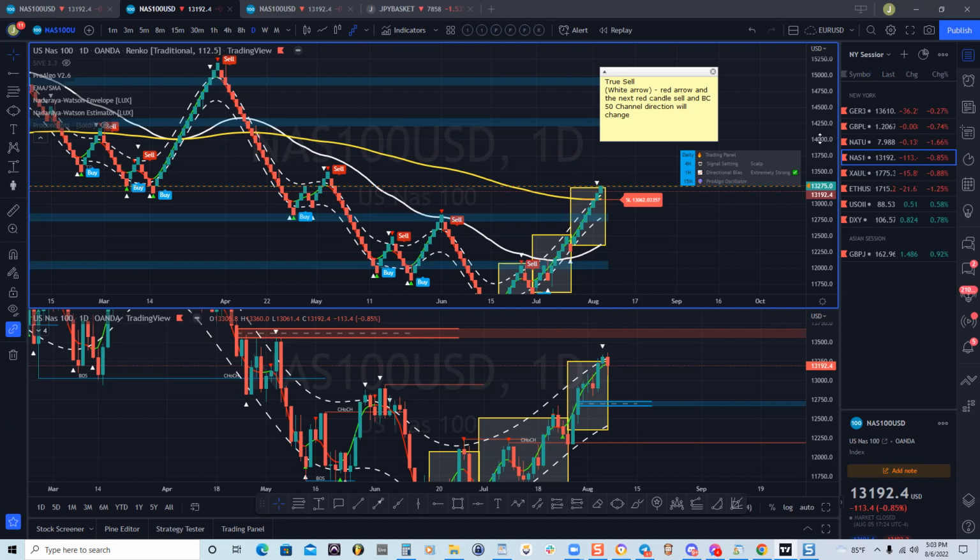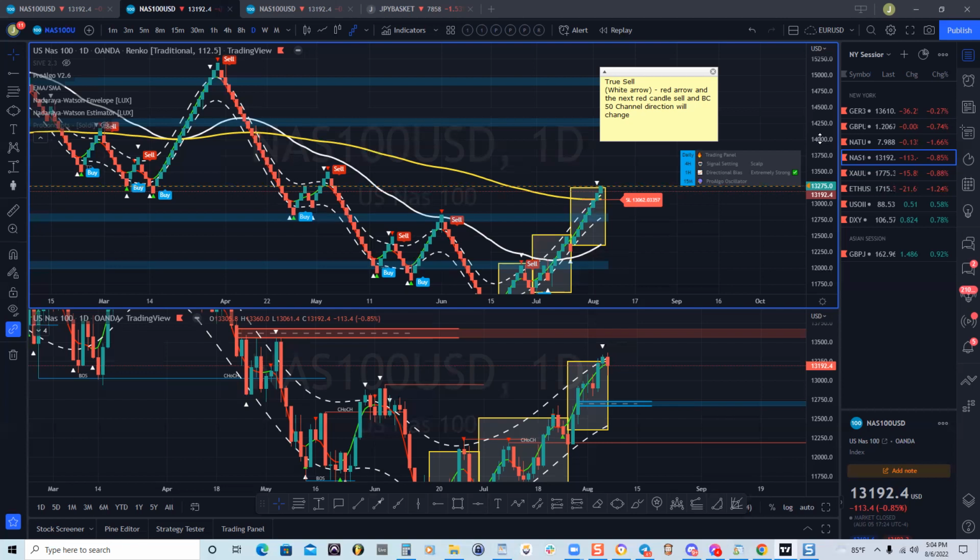Now, don't use Renko with options unless you're using Renko at maybe 5 cents a brick. It really has to be very small. For every brick, you want it to be 5 cents, so my goal is to catch a 30-cent move, a 50-cent move.